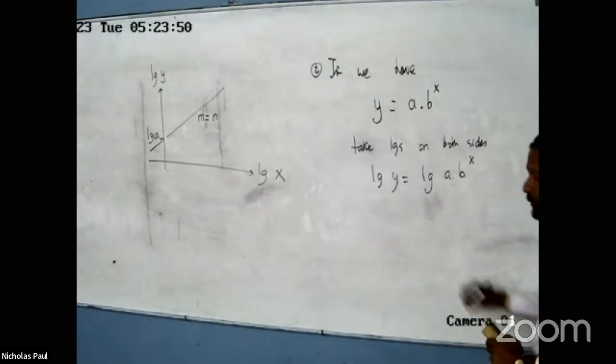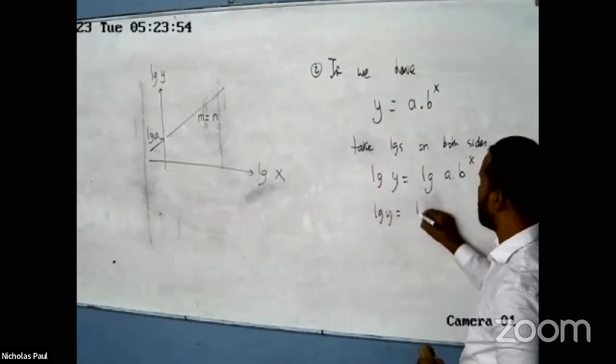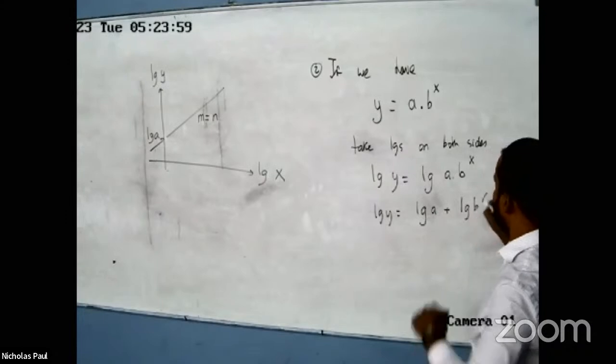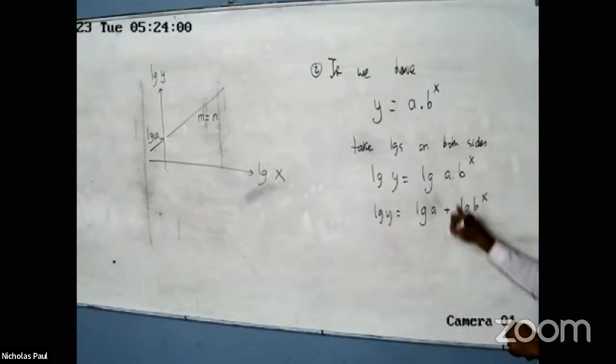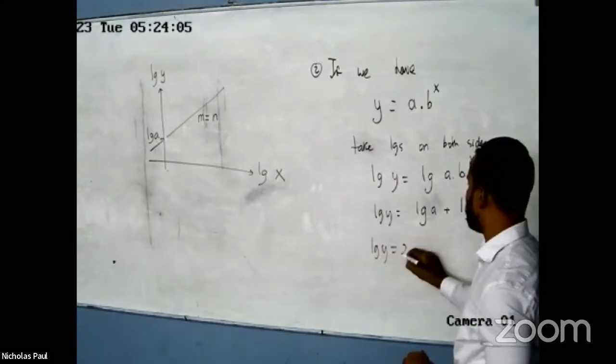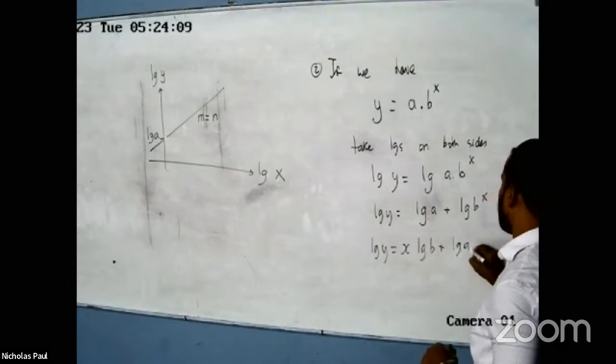Right? So here will be log y. This is multiplied. So that will be log a plus log b to the x. And then I can take the x and bring it in front, right? So that will be log y is equal to x log b plus log a.